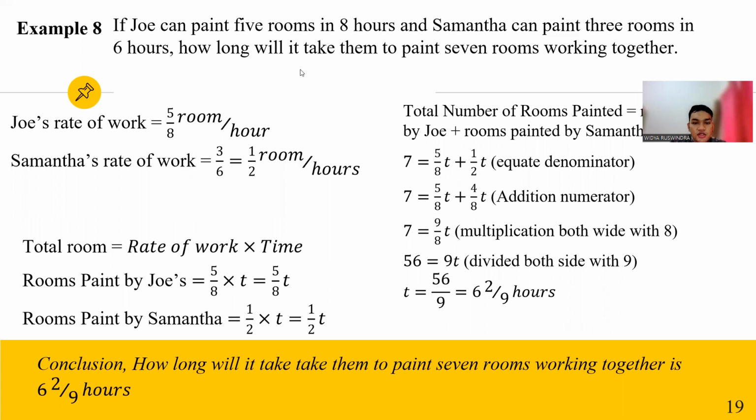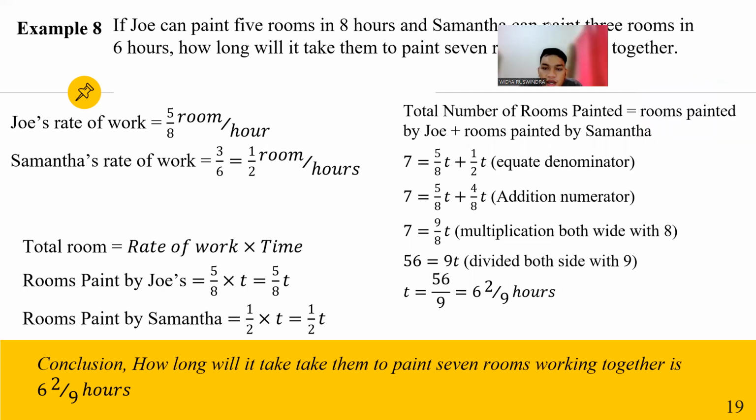And the function is total rooms equals rate of work times time, and we get rooms painted by Joy equals 5 per 8 times t, equals 5 per 8 t, and rooms painted by Samantha equals 1 per 2 times t, equals 1 per 2 t. And the total number of rooms painted equals rooms painted by Joy plus rooms painted by Samantha.